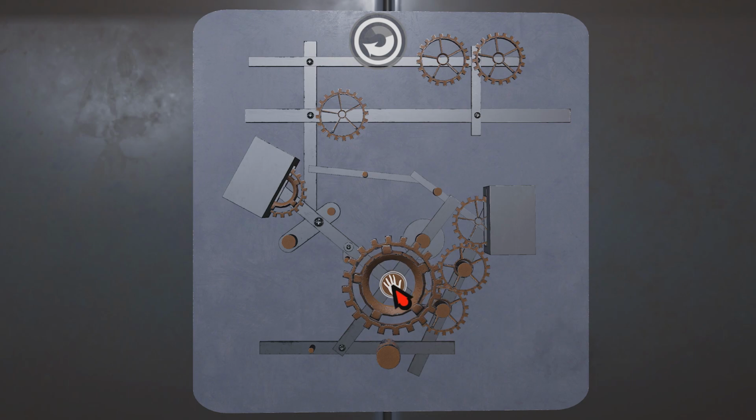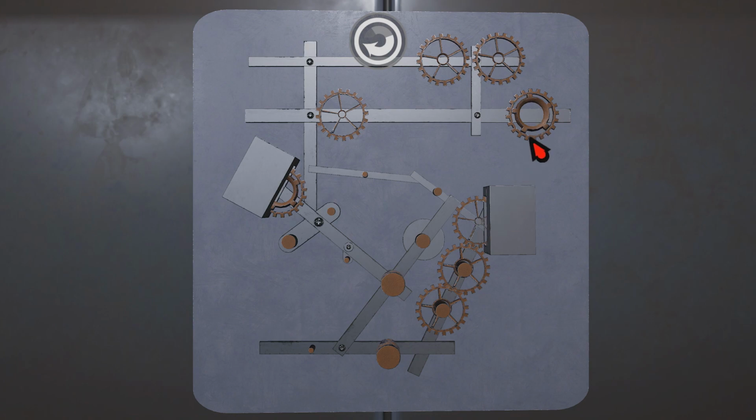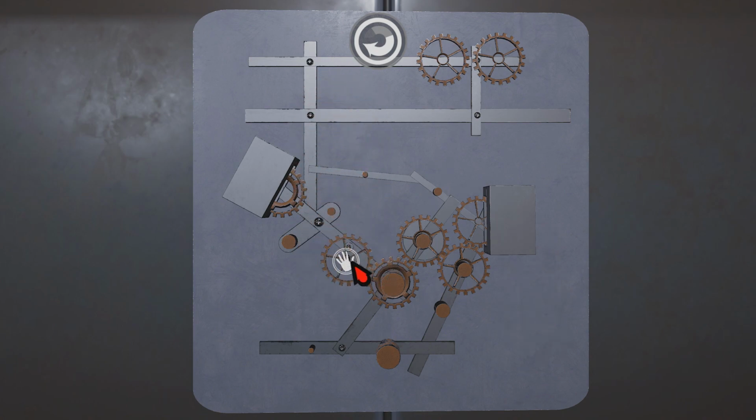Oh, because I'm not allowed to put it there. Alright. Oh, so it only can go on that one, eh? Guess that also works. And then we have the small one there.